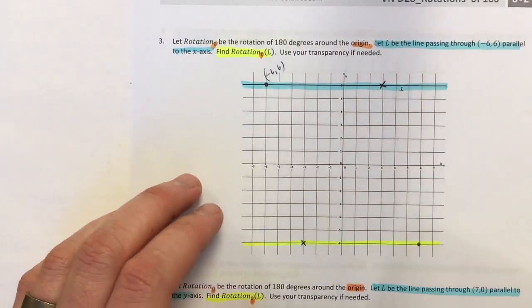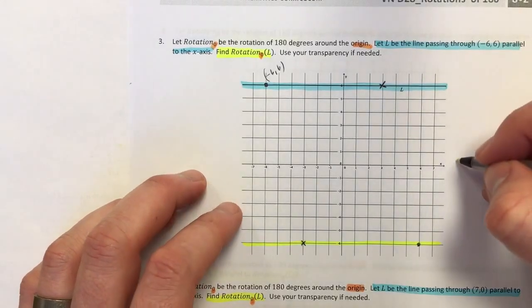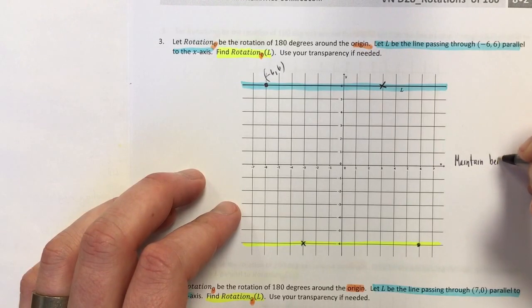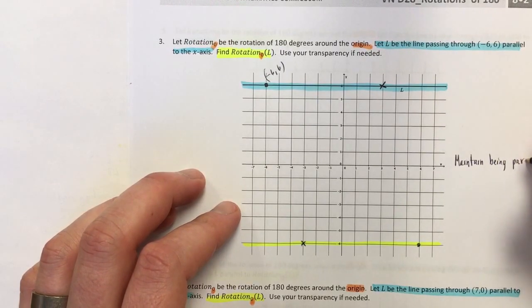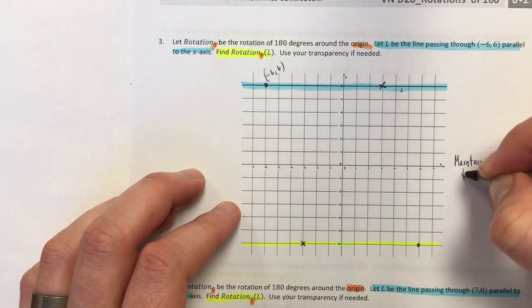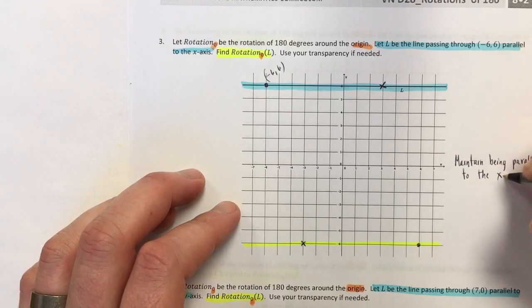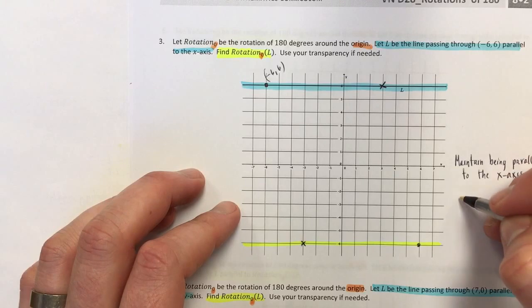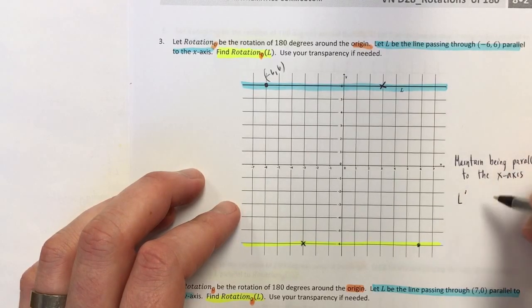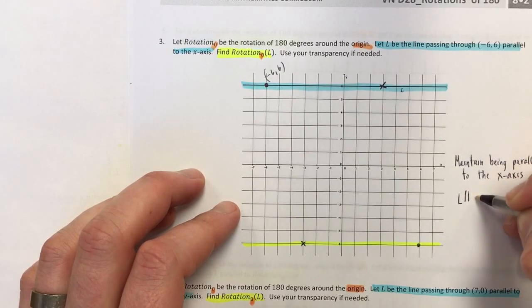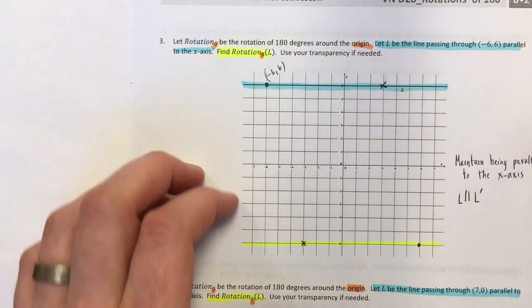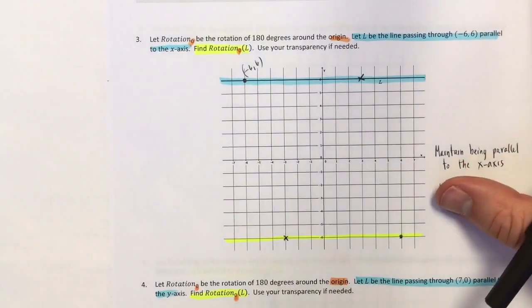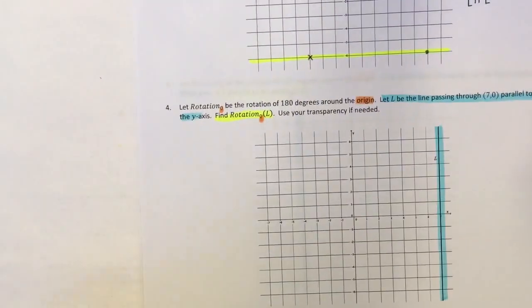Some other really nice features about this is that they maintain being parallel to the x-axis, and line L is parallel to line L's image. Okay, so maybe that only works for horizontal lines.